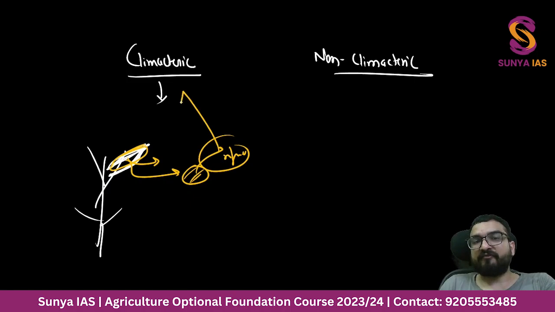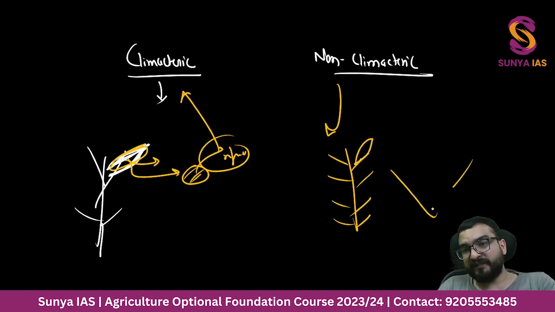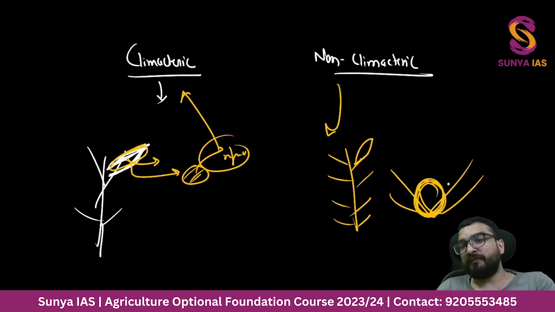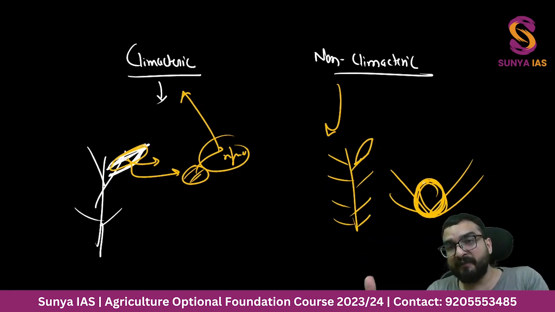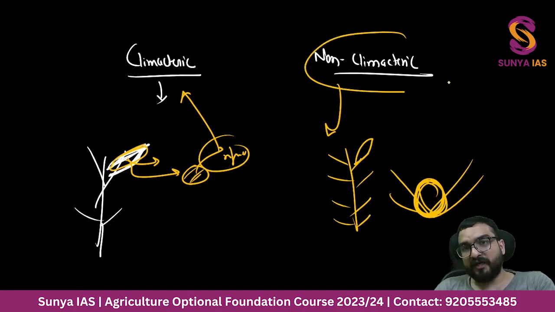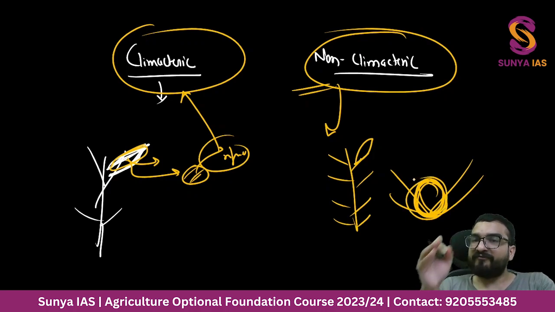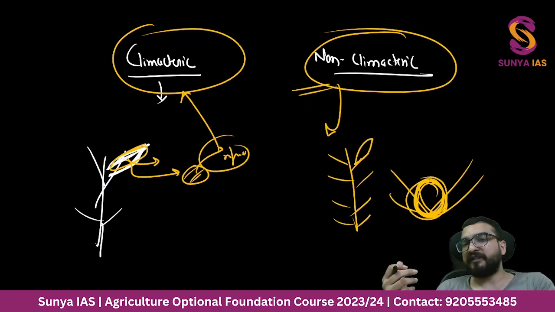This is climacteric fruit. Whereas non-climacteric fruits are those fruits which should ripen at the plant stage only. Whenever they are on the plant, for example this pineapple, they should be ripe at this stage only before harvesting. Once you harvest it, it cannot ripen under artificial conditions, right? So those are non-climacteric fruits. So pineapple is a non-climacteric fruit. That means you should wait for the right time when it is ripe and then harvest it, right?